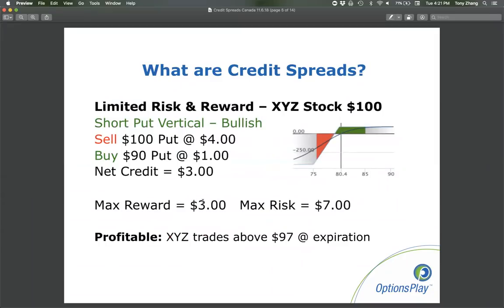So first of all, one of the first things to remember about any credit spread or any debit or credit spread, the reason that we like trading them for all of our directional views is because of the fact that they have limited risk and limited reward. What that means is that we know exactly what the potential best case and worst case outcomes are for all of our trades.